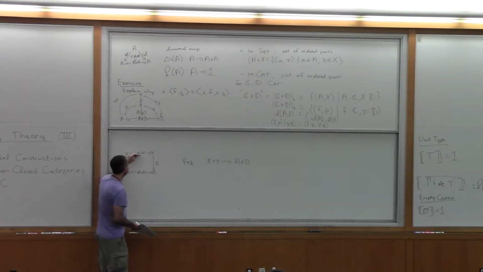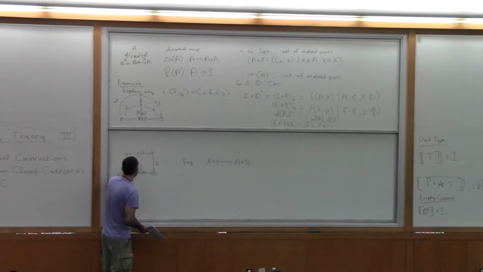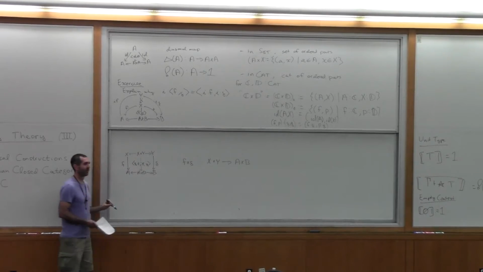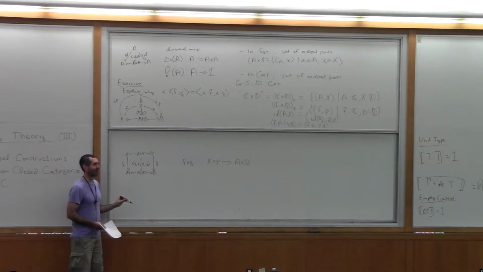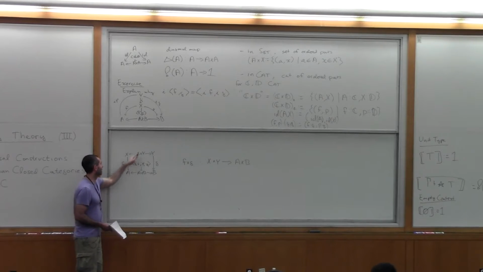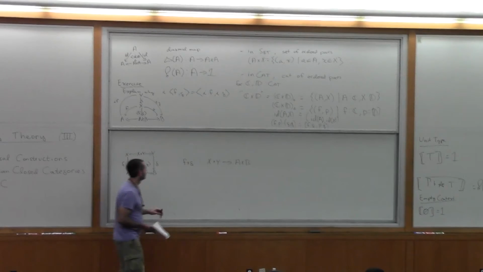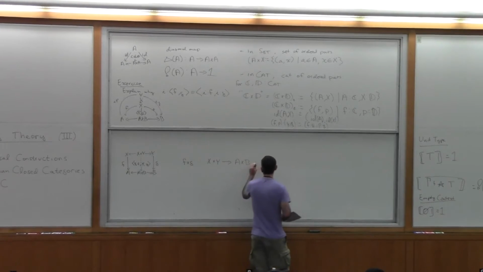So that means that there's a unique mediating map here, namely the tuple pi 0 followed by F, comma, pi 1 followed by G, which makes this square commute. Okay? And this is a good candidate for the definition of the product of arrows, right? Because it has this nice property that it's the unique thing that makes this diagram commute. So let's try that.